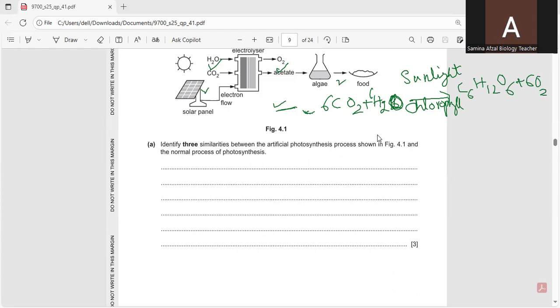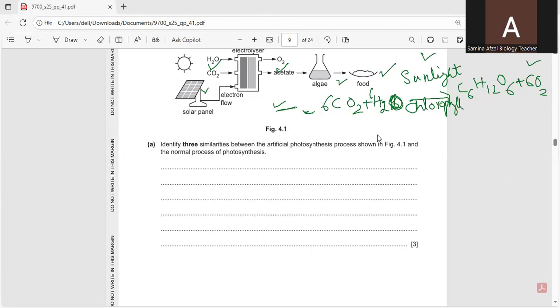So carbon dioxide, water, sunlight, and the production of oxygen. In the normal process of photosynthesis, carbon dioxide is used, water is required, sunlight is needed, and the products are carbohydrates and oxygen. So these are the similarities in both of these processes.